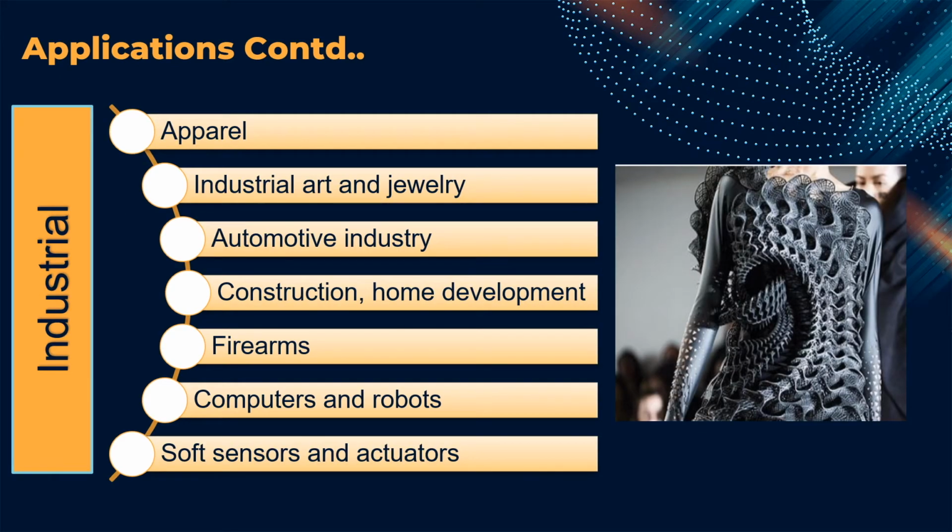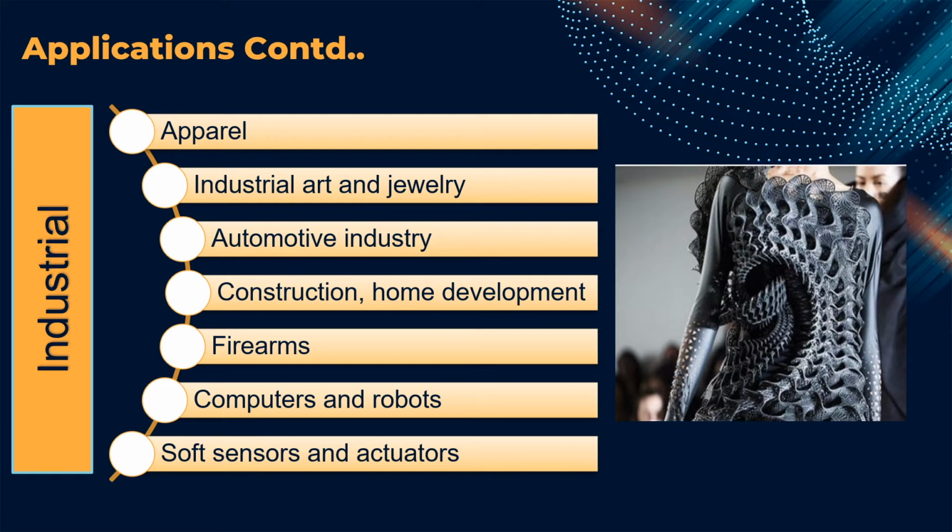Talking about the industrial applications, 3D printing has entered the world of clothing and apparel, with fashion designers experimenting with 3D printed bikinis, shoes, and dresses. It is also used to manufacture molds for making jewelry and even the jewelry itself. In the automotive industry also, 3D printing is being used to manufacture many components. 3D printing is being utilized by air forces now to print spare parts for their planes.